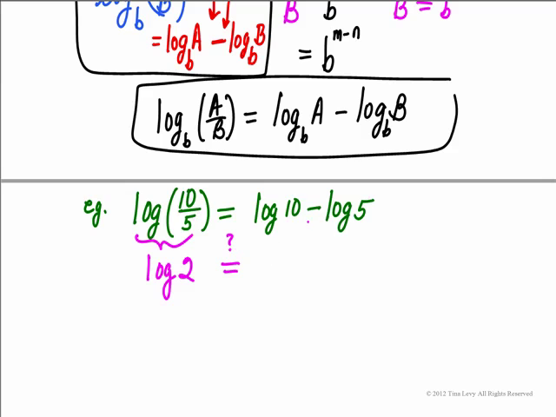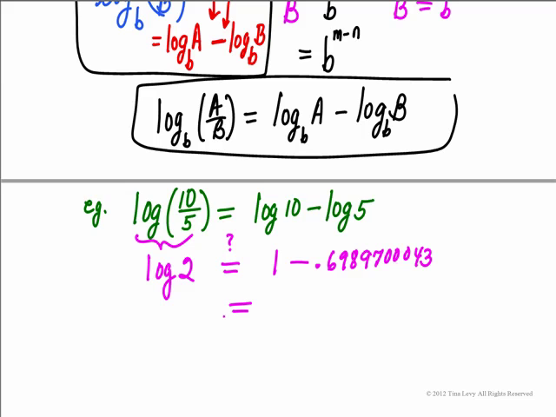And you will see, is that log of 10 minus log of 5? Well, log of 10, 10 to the 1, this is going to be a 1 minus log of 5. Log of 5 is 0.69897. It goes on and on.